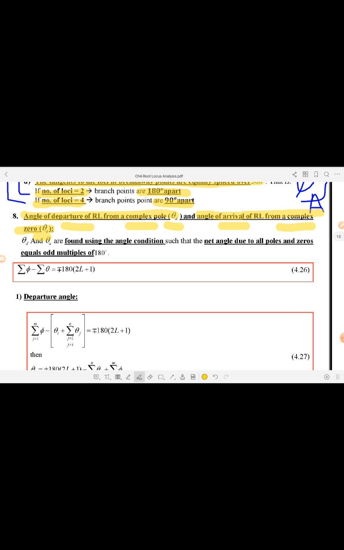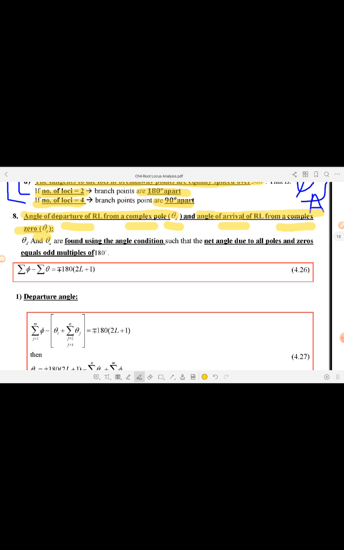Because, as we know, the root locus starts from the poles, so it should depart, while the root locus ends at zeros, so it should arrive at the zero.